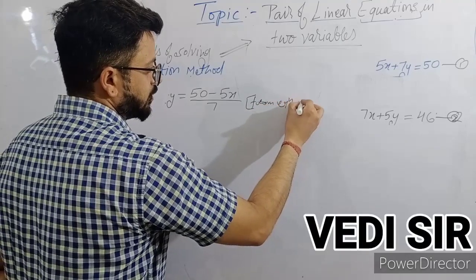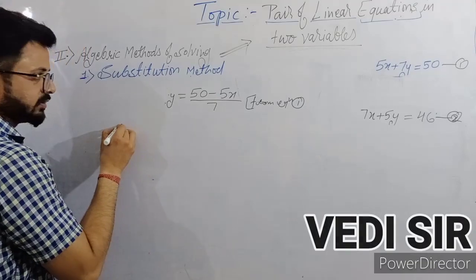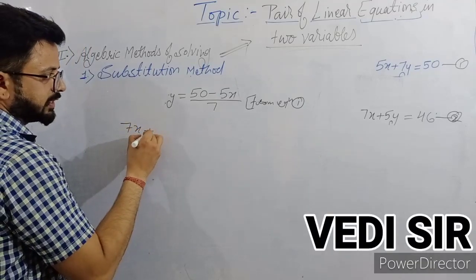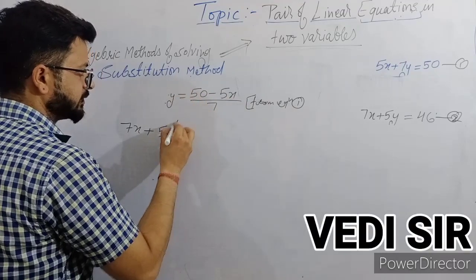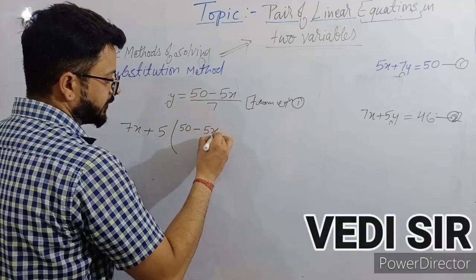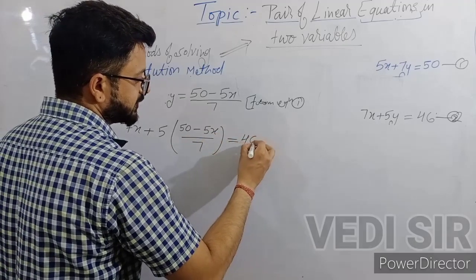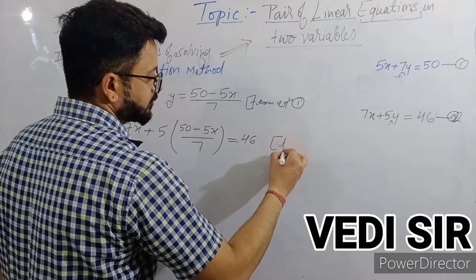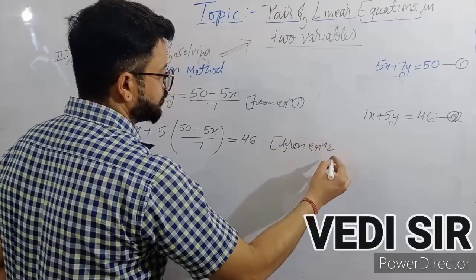equation 1. Now with the help of equation 2, 7x plus 5y, I am placing the value: 7x plus 5 times (50 minus 5x) upon 7 is equal to 46, from equation 2.